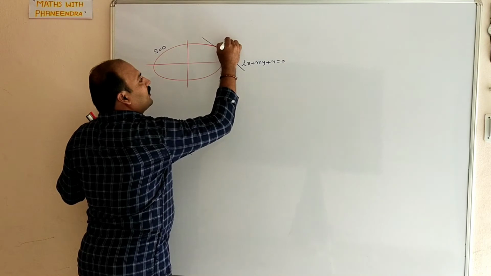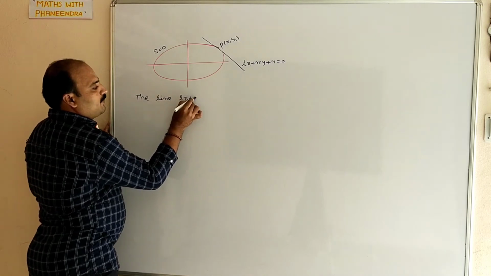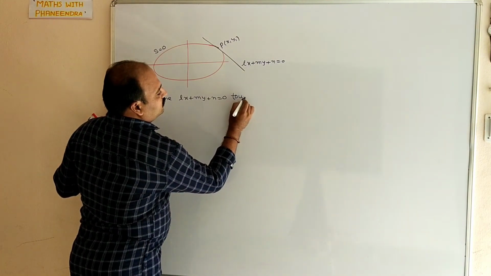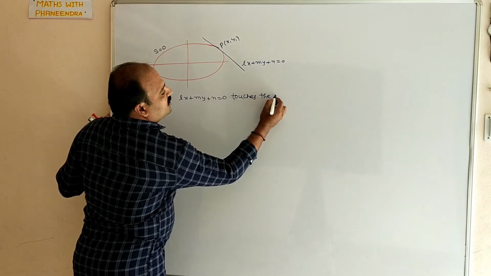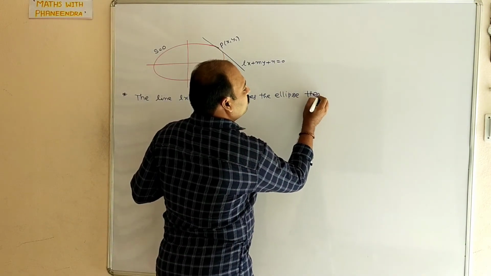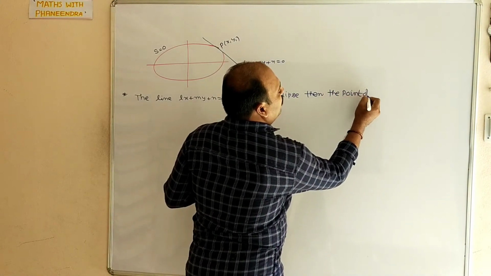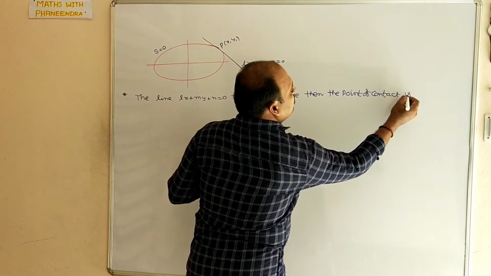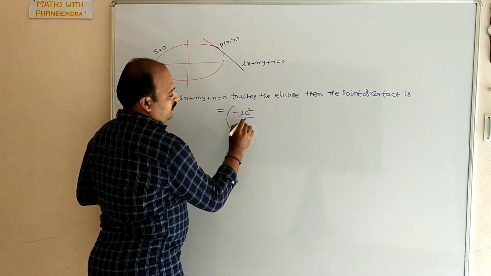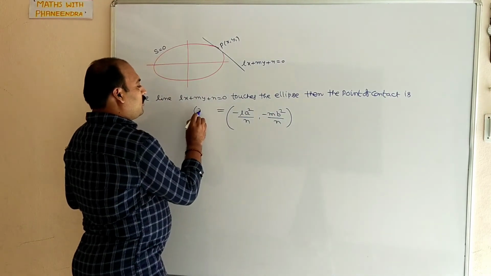If the line lx plus my plus n equal to 0 touches the ellipse, then the point of contact x1, y1 is minus l a square by n, minus m b square by n. This is the point of contact x1, y1.